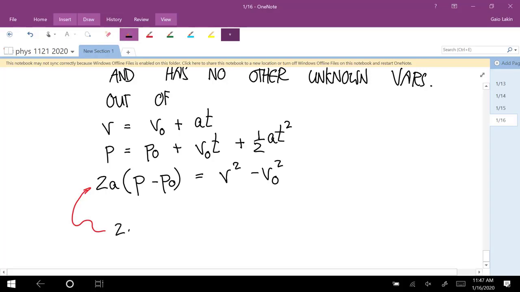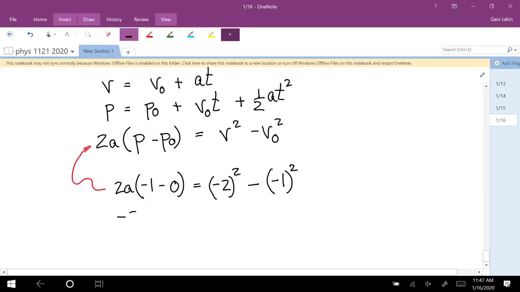So we have 2A times the quantity -1 minus 0 is equal to -2, and then you square that whole thing. That's an order of operations thing. Minus the velocity -1 all squared.